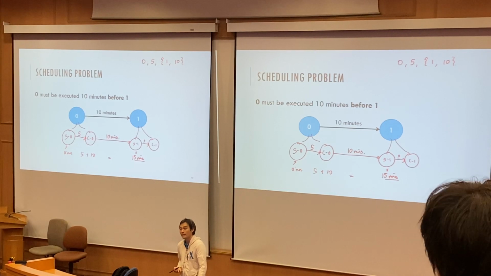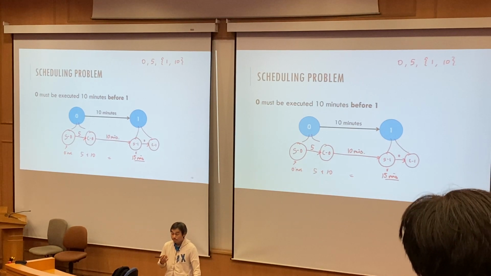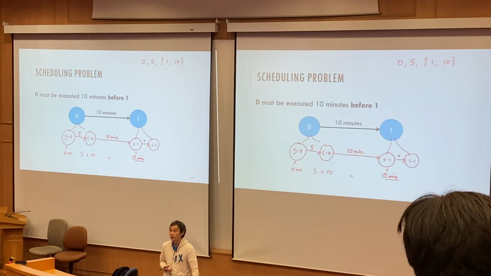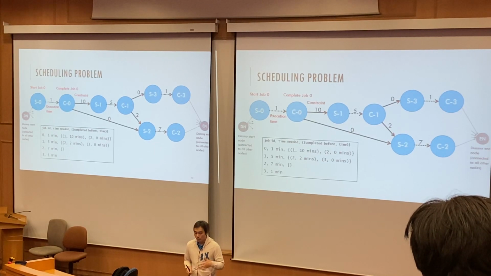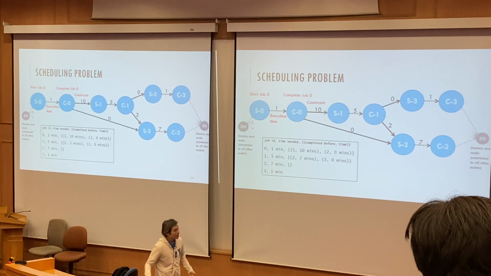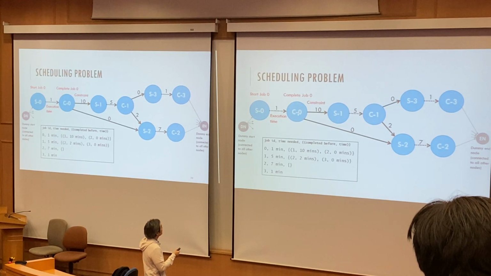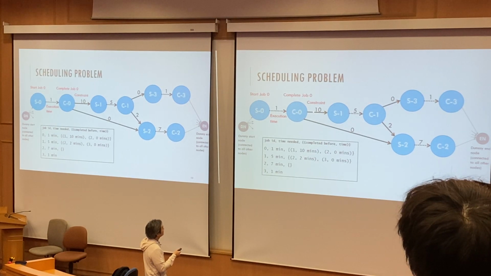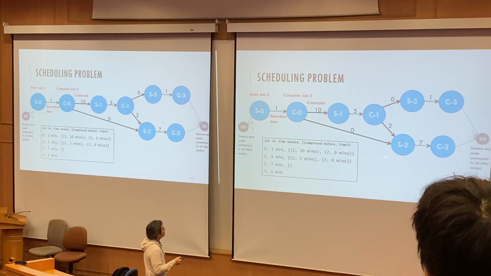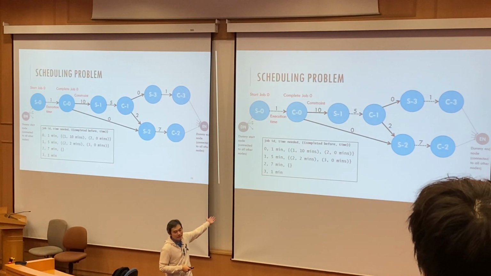So that's how I'm going to construct my nodes and the relationships between the nodes, the edges. Again, let's repeat. You have some start, some completion, some execution time, and your constraint. And you do this for each of the jobs in your constraint list.